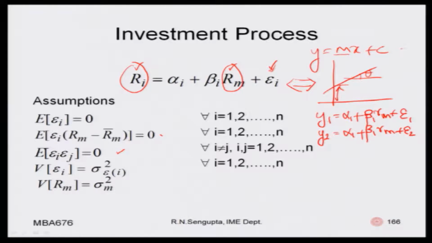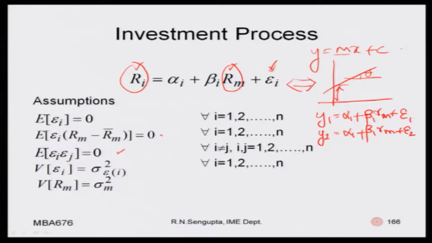Remember, this 1, 2, 3, 4 for y is the data point, which keeps changing, and epsilon is the same. The differentiation we want to highlight is that alpha 1 would be the so-called c value in y is equal to mx plus c for the first stock, while beta 1 would be the market risk, or the beta value, for the first stock.